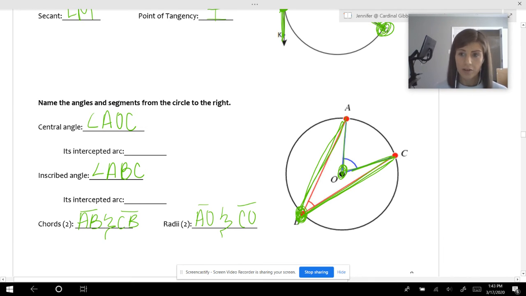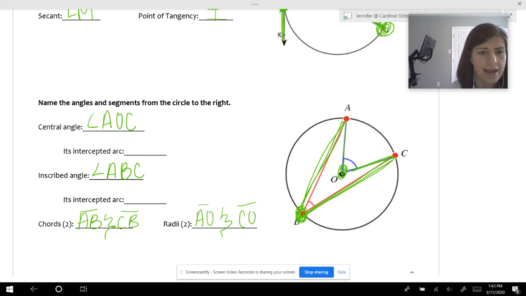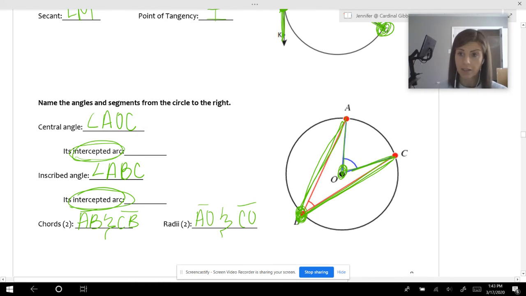A term that we haven't really talked about a whole lot yet, but that's going to be really important in this section, is what's written here and being called an intercepted arc. The intercepted arc for both the central angle and the inscribed angle is the arc that those angles intercept.